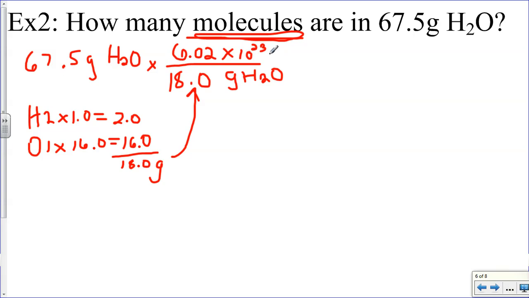And I need to put a unit. Well, my unit is molecules. Now, don't try to abbreviate molecules. You have to write it out. Okay, so that's my unit. And I have to put my substance down also, which is water.